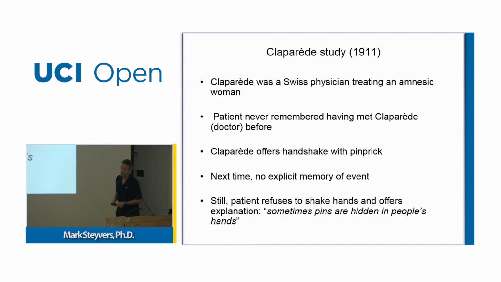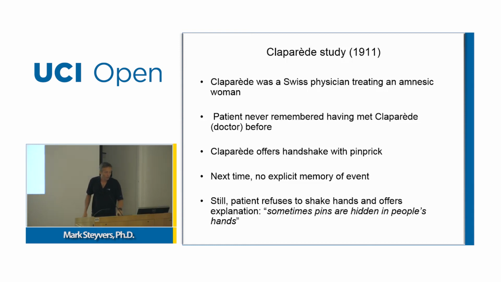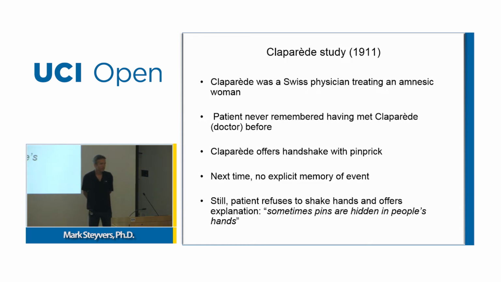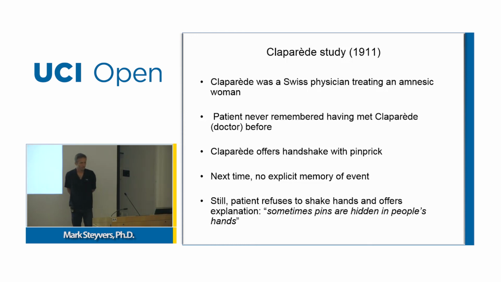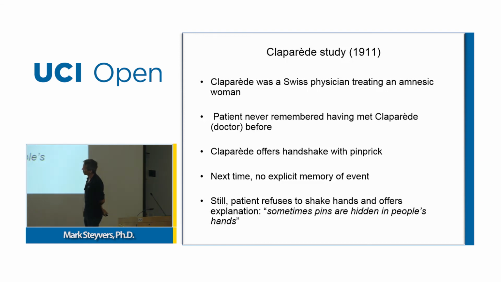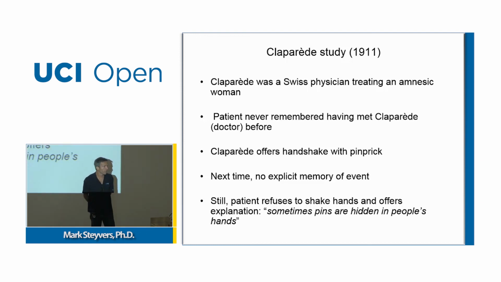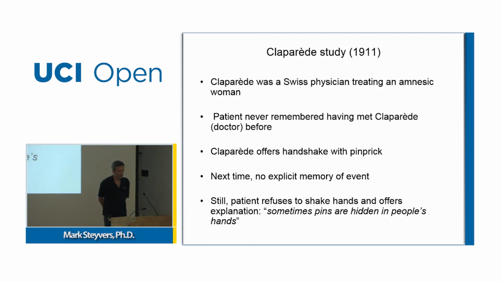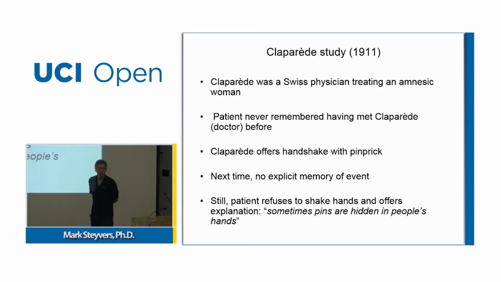Okay, here's another famous experiment that demonstrates implicit memories. This is from a Swiss physician, Claparède, who was treating an amnesic woman. I believe she was a Korsakoff patient, so a severe alcoholic. Claparède was seeing this patient on a daily basis, but every time she came in, she didn't remember the doctor.